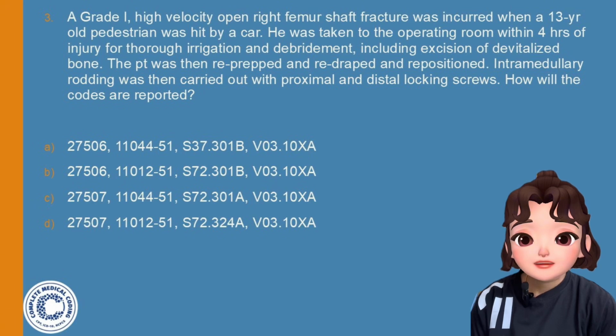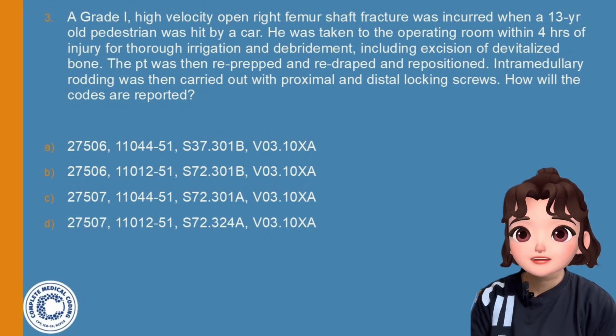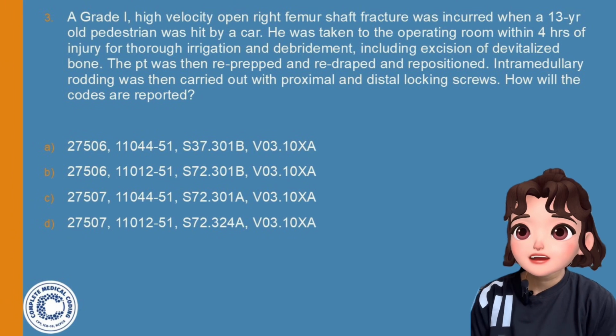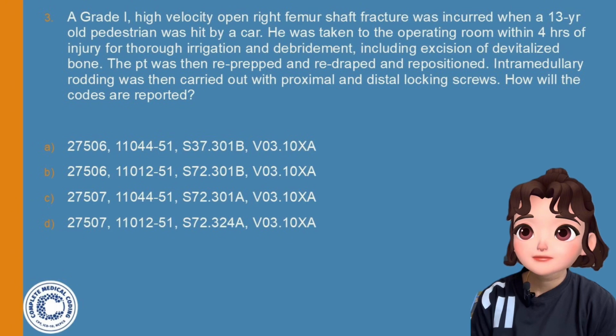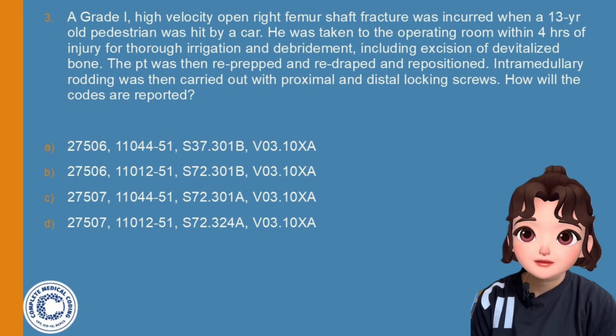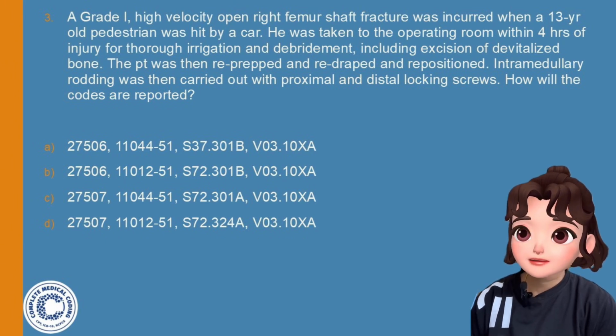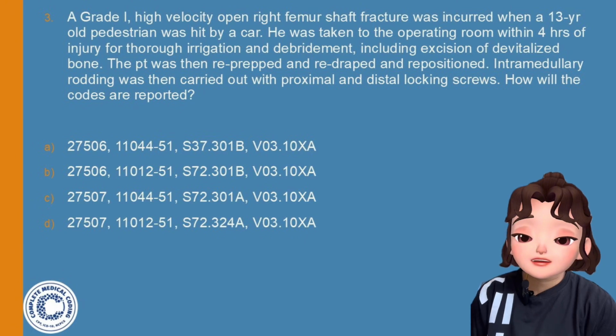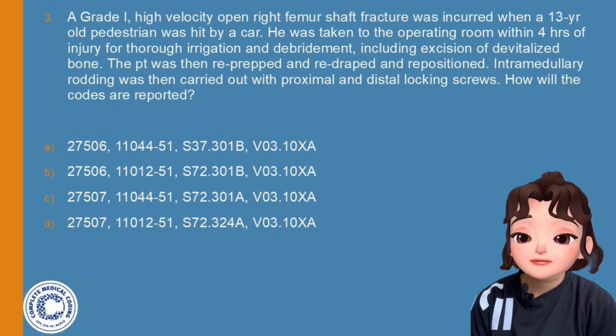Let's look into the options, the CPT codes, one by one. If you take the CPT code for open treatment, only two codes are here, 27506 and 27507. Let's check which is the correct one. So just open 27506. What is 27506? Open treatment of femoral shaft fracture with or without external fixation, with insertion of intramedullary implant, with or without cerclage and or locking screws.